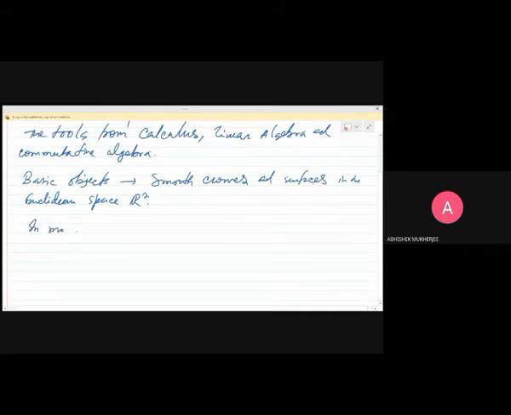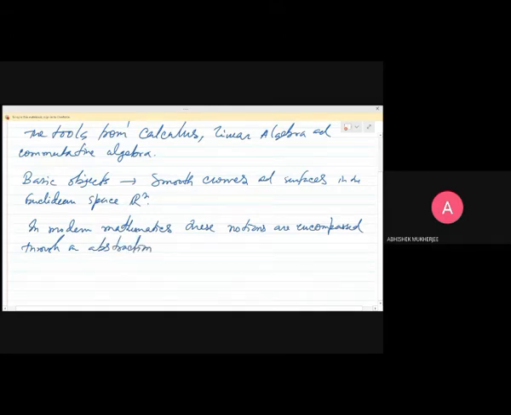So in modern mathematics, these concepts are encompassed through an abstraction which will be termed as smooth manifolds.